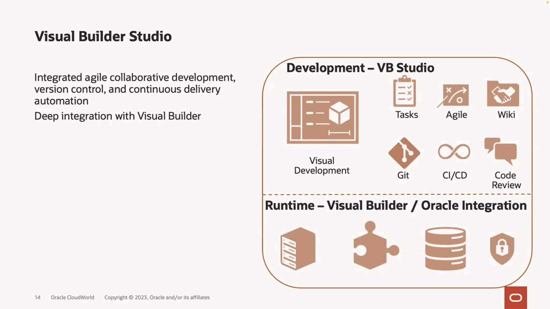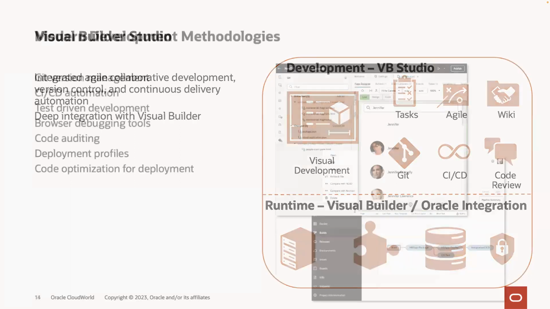And it's all automated with a CI/CD system that allows you to then automate this process of: when someone did a code change, I take it, I compile it, I do checks on it, and then I deploy it, okay, across instances. This is what we call Visual Builder Studio, and it sits on top of Visual Builder, allowing you basically to deploy into the Visual Builder runtime, but do all the development in this extensive environment.